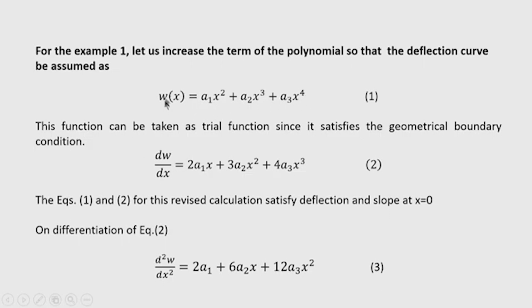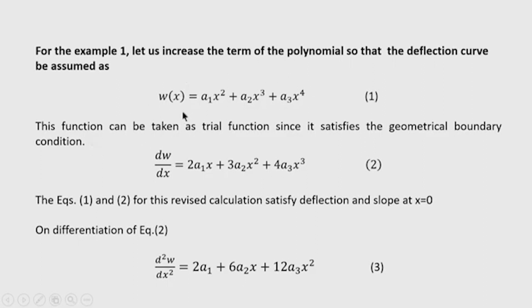deflection series. So, if I add another term A3 x to the power 4 in the previous deflection expression, this is also an admissible function because it satisfies the boundary condition at the fixed end. Force boundary condition, we are not sure whether it will satisfy or not.